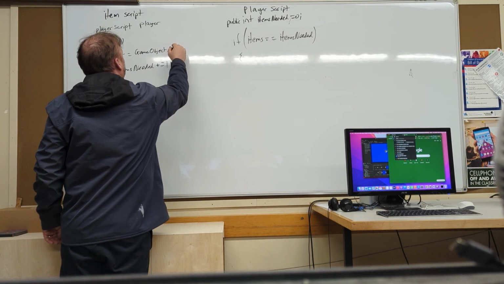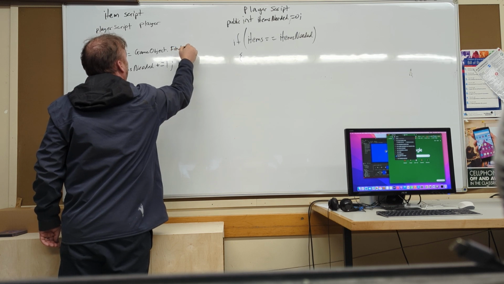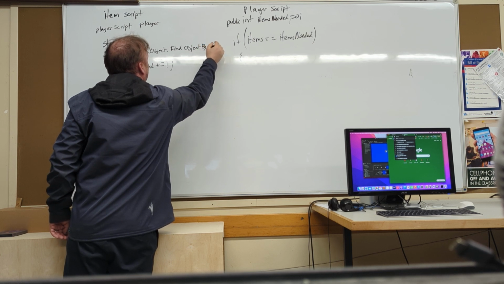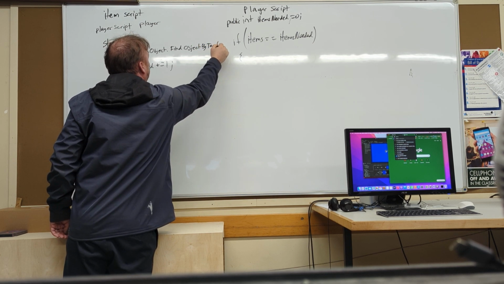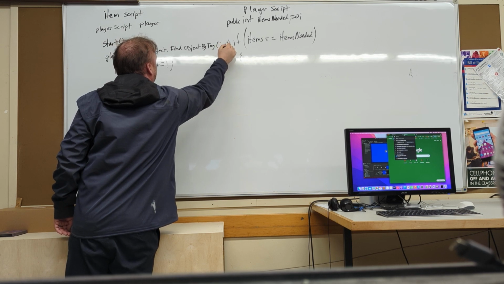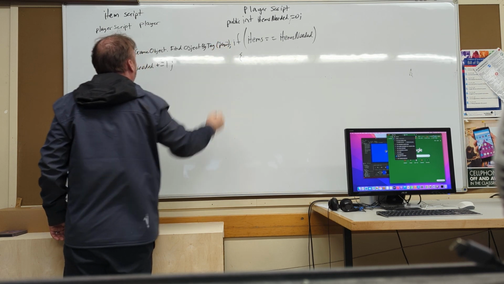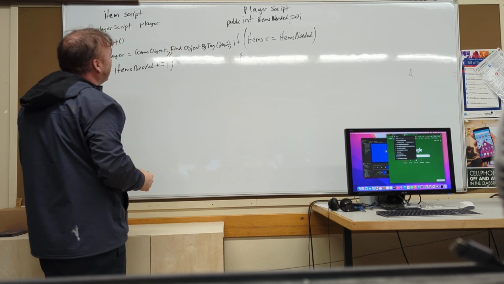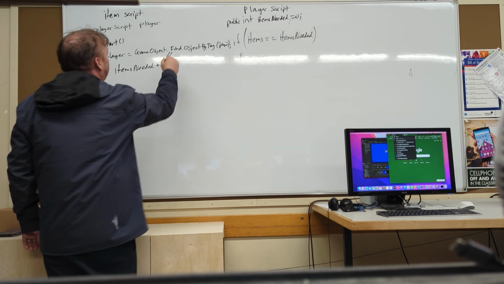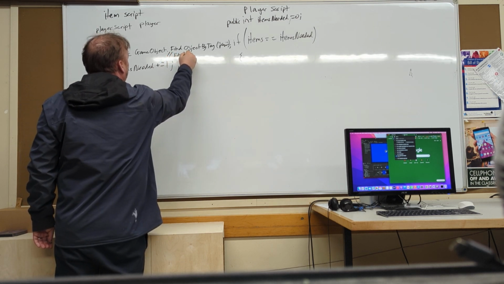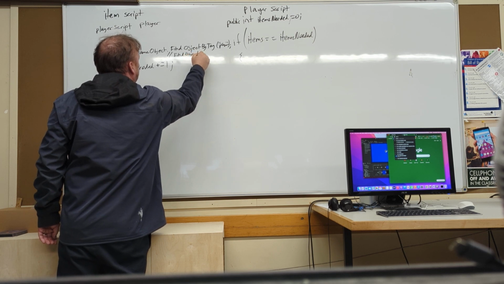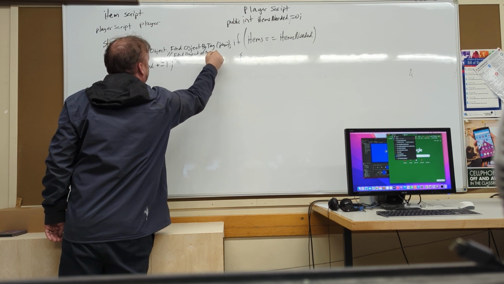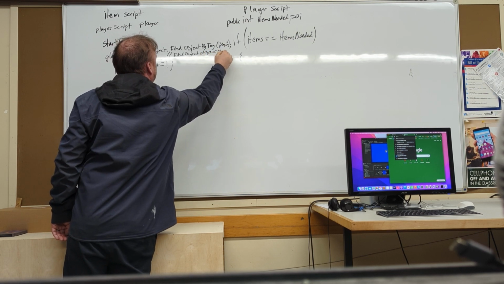We can either do FindObjectByTag, and then we put in the tag like player, or instead of that we could also do FindObjectOfType, and then in here we type in the word PlayerScript.